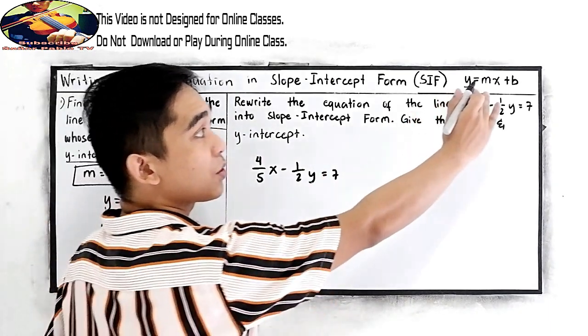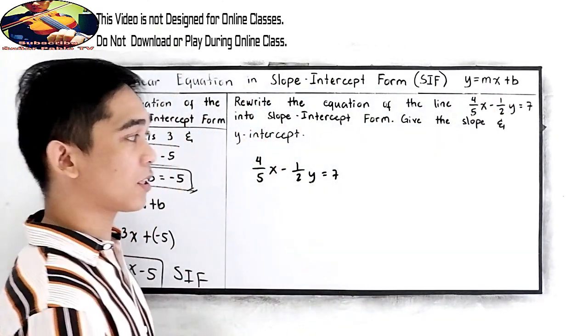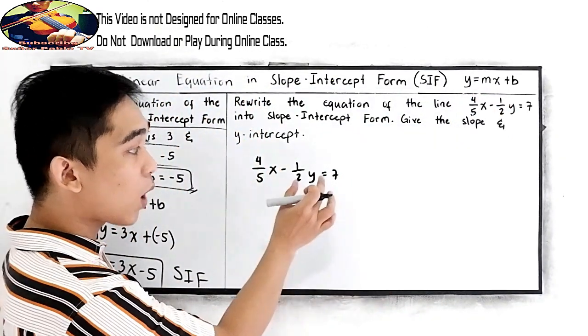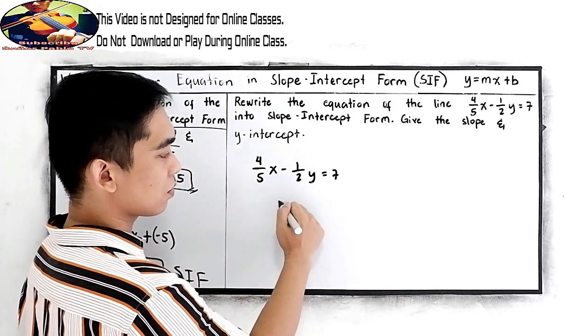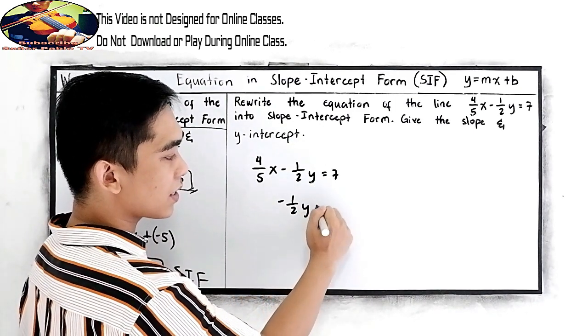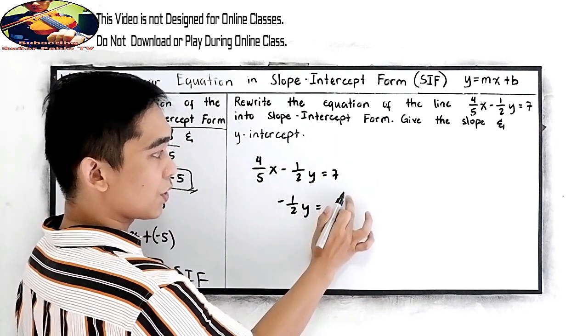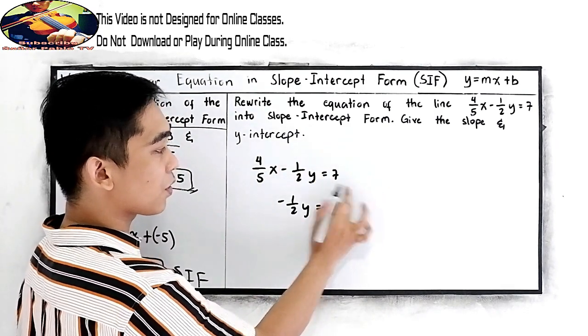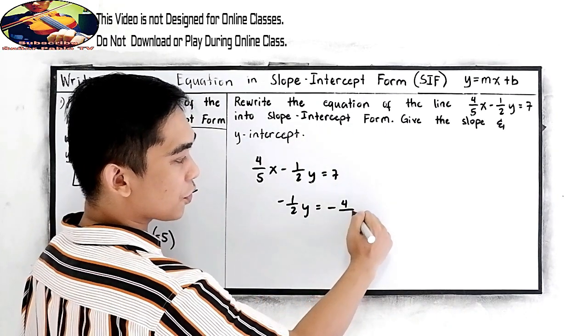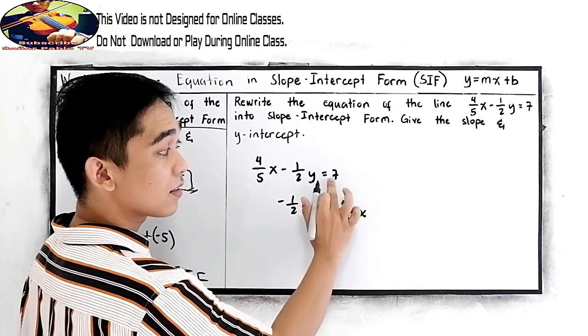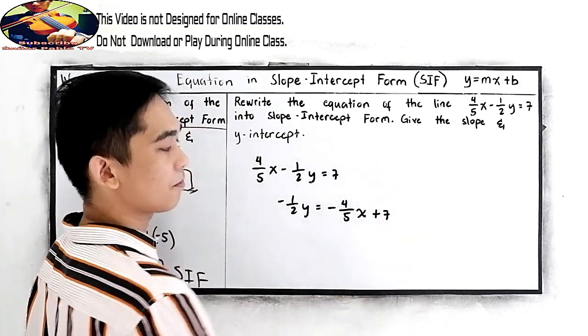We're going to write into y is equal to mx plus b. So we need y on the left side of the equation. So -1/2 y is equal to, we need to move to the right, addition property of equality. So move, change the sign, 4 over 5x, then plus 7.